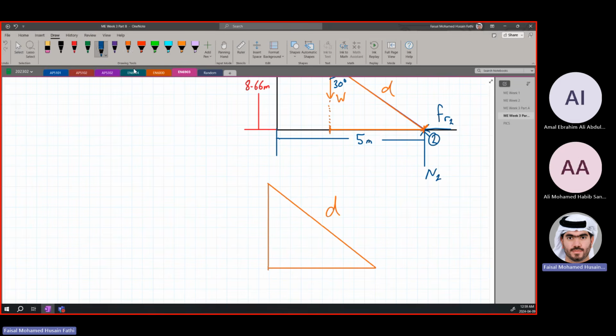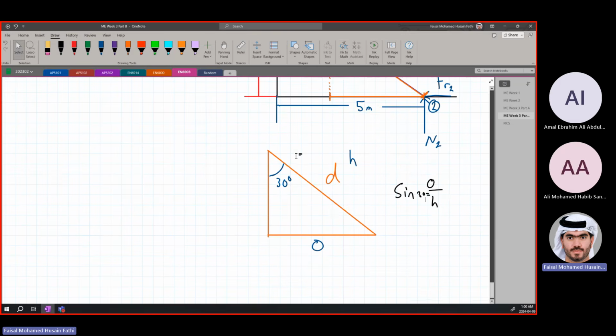We have here 30 degrees. We don't know what this distance is, but we already have D and we want to find it in terms of D. This is the hypotenuse, and this is the opposite. So what are we going to use? We are going to use sine, because sine is opposite over hypotenuse. So sine 30 is equal to opposite over hypotenuse.